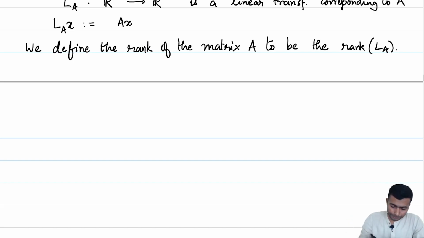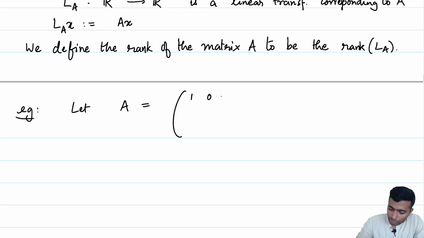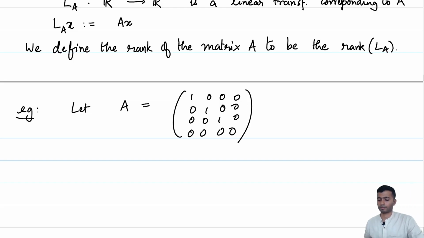Let us look at an example. Let A be the matrix with rows 1 0 0 0, 0 1 0 0, 0 0 1 0, and 0 0 0 0. This is a 4 cross 4 matrix, and notice that the rank of A is the dimension of the range space of L_A.